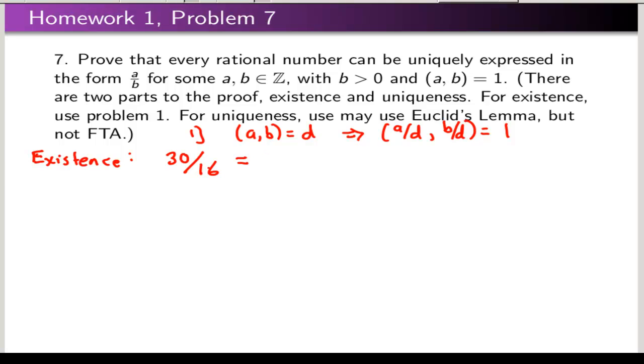So you first of all spot a 2, and so I divide the top and bottom by 2 to get 15/8. And then I have a 3 times a 5 up on top, and 2's down below, and so we have it reduced already. So just basically mimic that process using problem 1 and taking an arbitrary fraction A over B. Okay, so uniqueness.